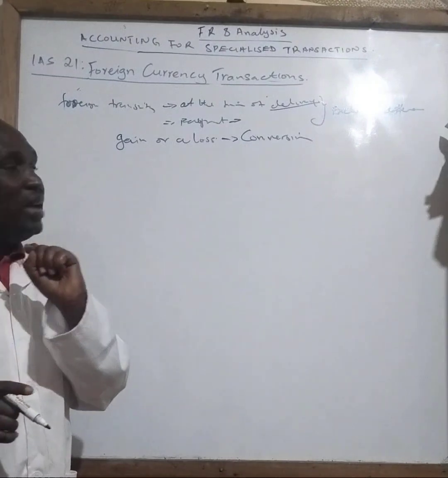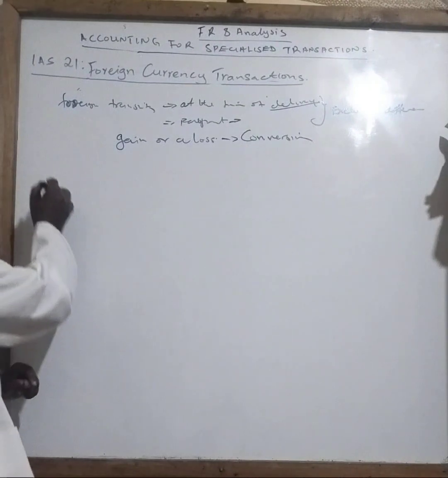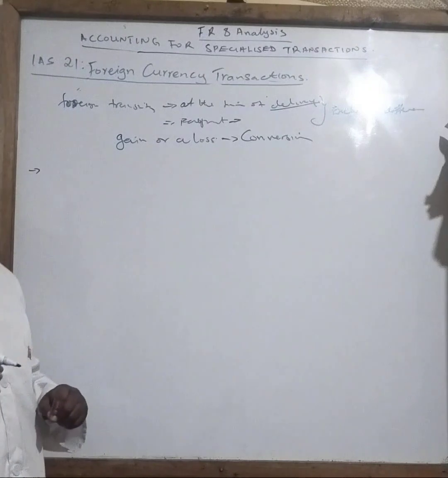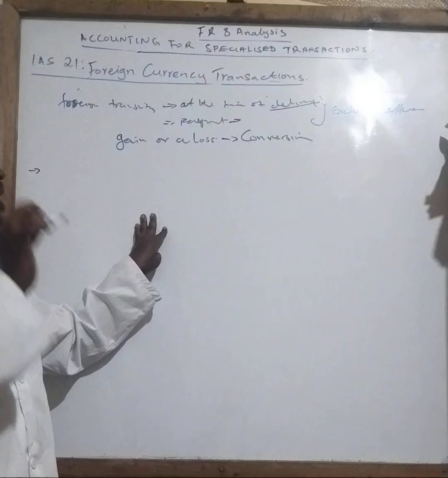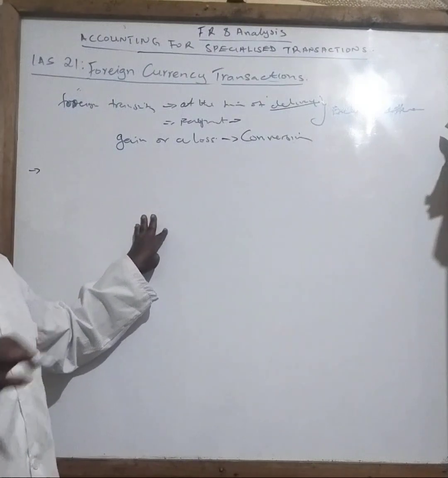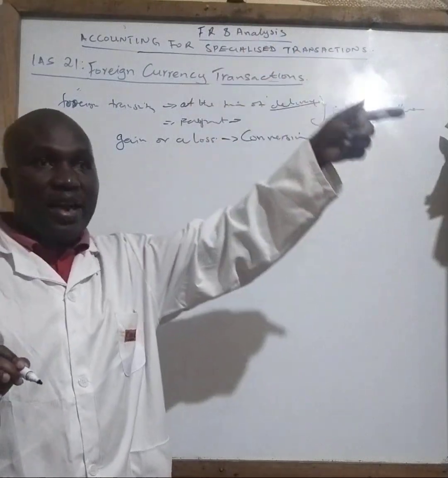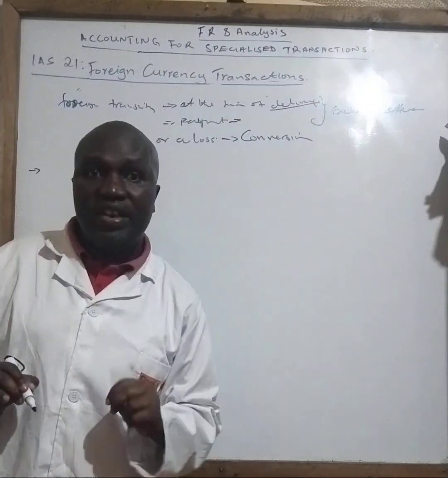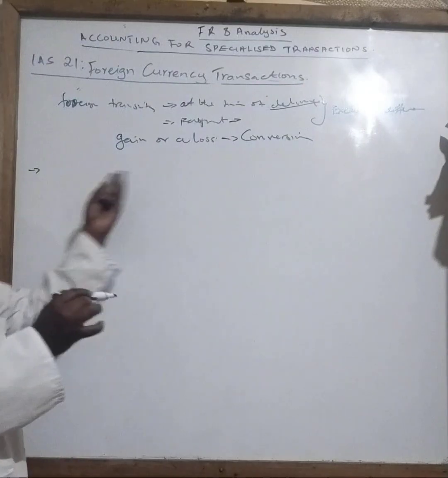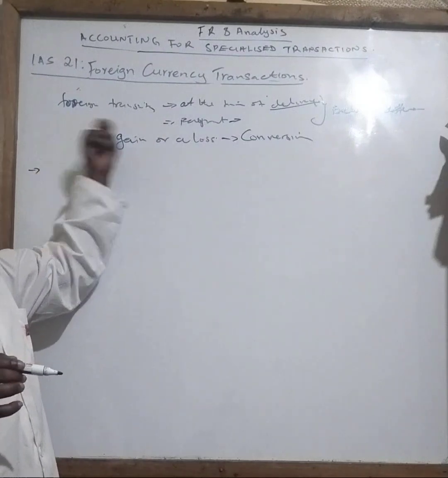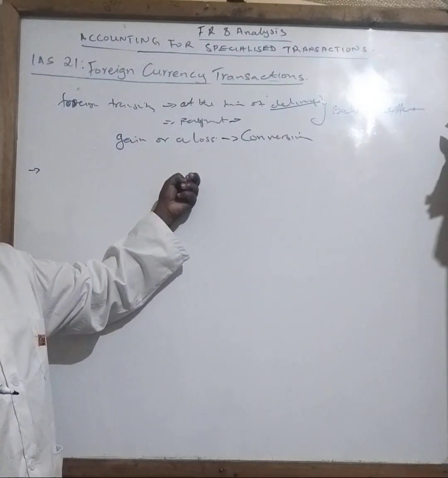In this case, there was a question that students were asked to explain the accounting treatment of a company that was operating in another country, in Kenya. These are the 3 stages they wanted you to do. Number 1, you have to state that you must do what we call foreign transaction first. Correct?